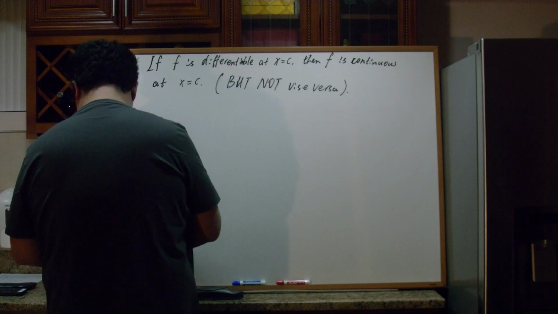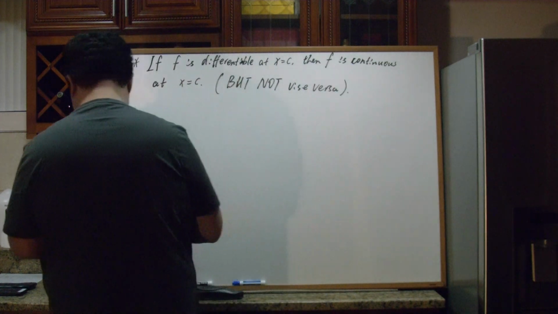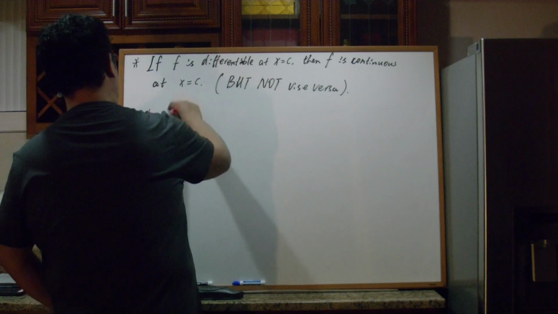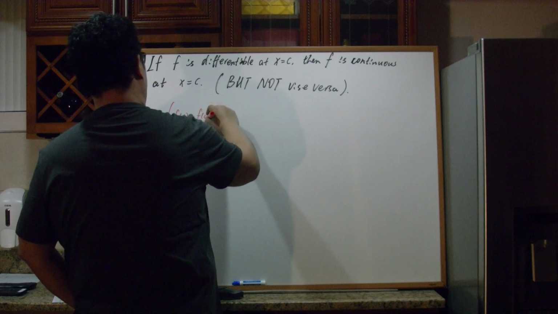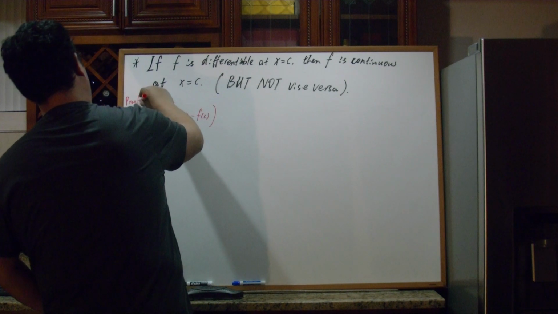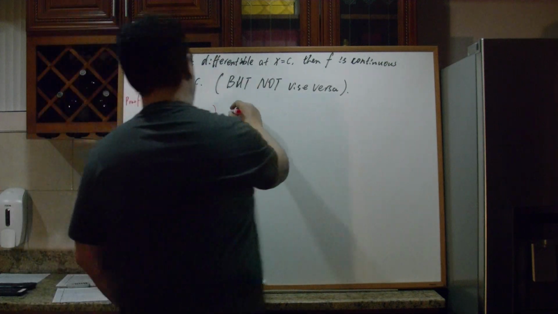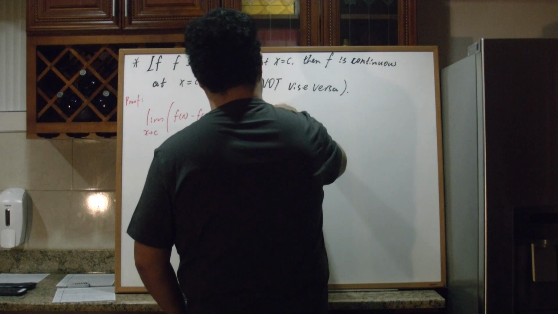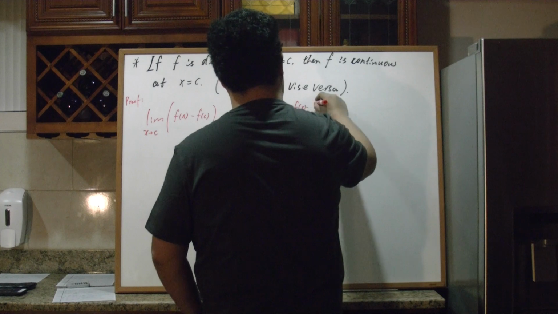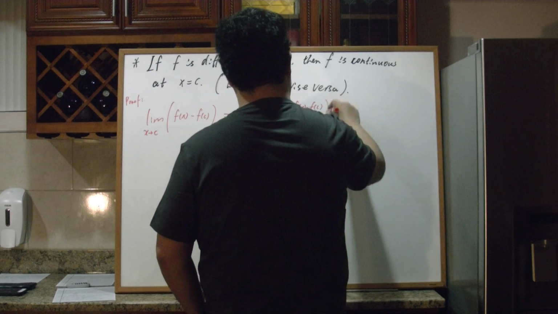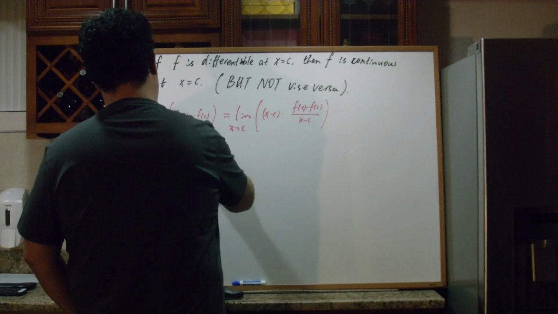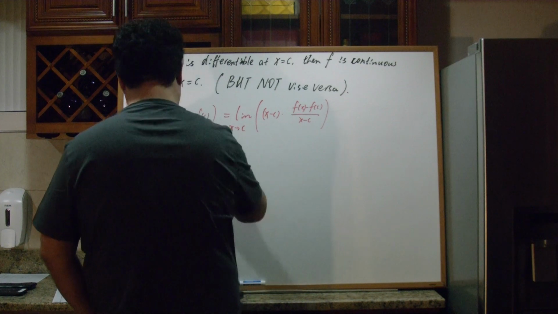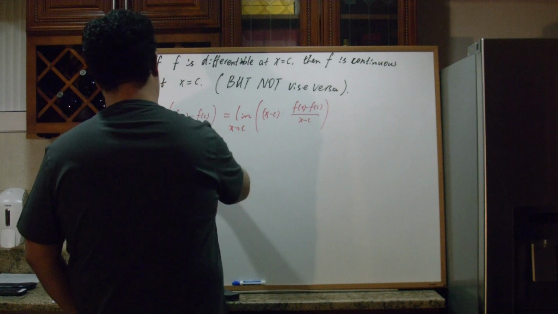So let's see the proof. The limit of the difference equals, if we attach a denominator and take it out, since x minus c is not a constant, that's a different limit.